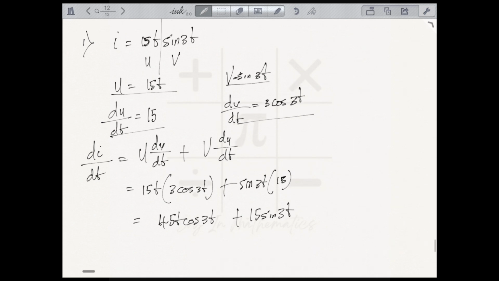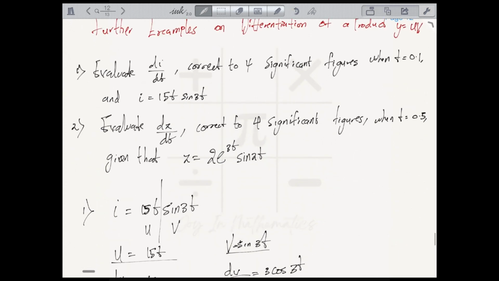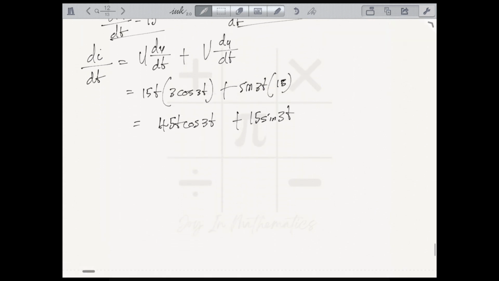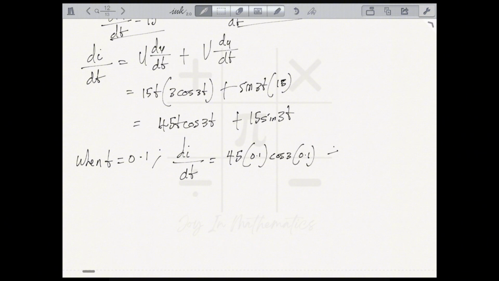Now, if you go back to the question, we have evaluated dI/dt. This time we are going to substitute t is equal to 0.1. Therefore, when t is equal to 0.1, dI/dt is equal to 45, so wherever we see t, we substitute 0.1, cos 3 into 0.1 plus 15 sine 3 into 0.1.